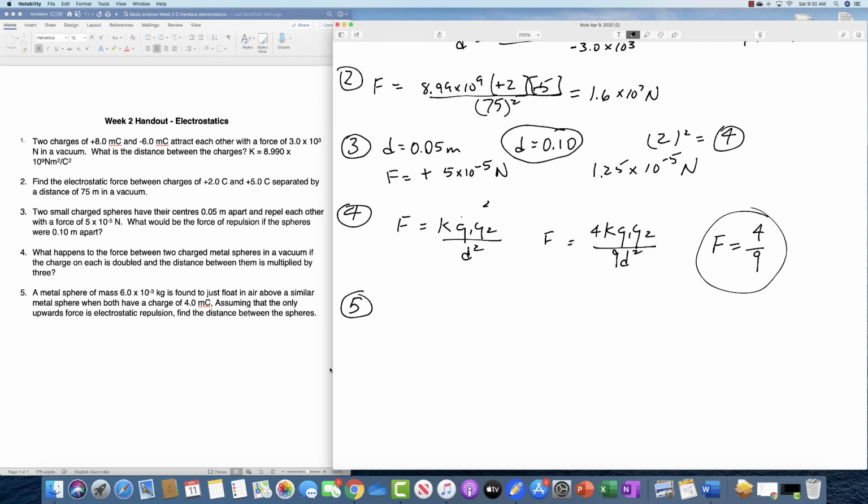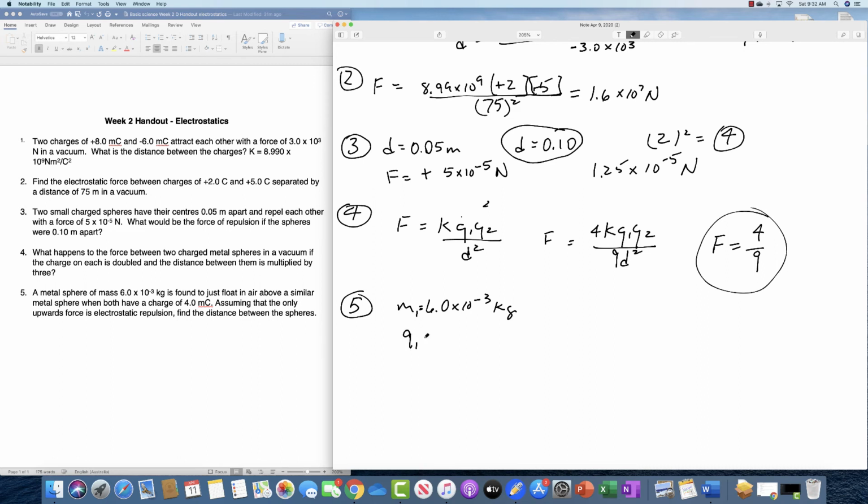The last problem. A sphere, so this one sphere has a mass of 6.0 times 10 to the minus 3 kilograms, and it's floating above a similar sphere, which means it has a similar mass, when both have a charge of 4.